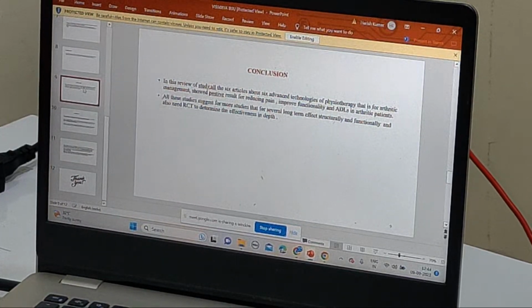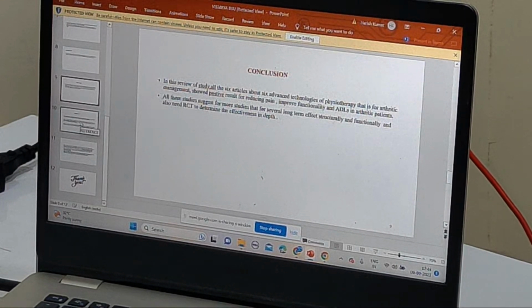And the conclusion is, in this review of study, all the 6 articles about 6 advanced technologies of physiotherapy for arthritic management show positive results for reducing pain, improving functionality and ADLs in arthritic patients.